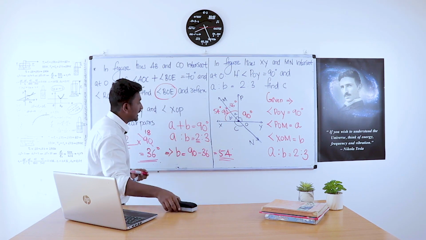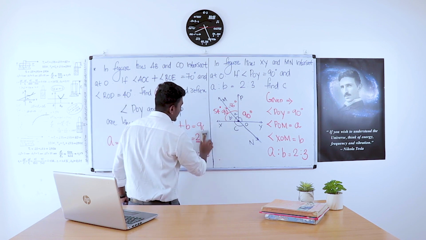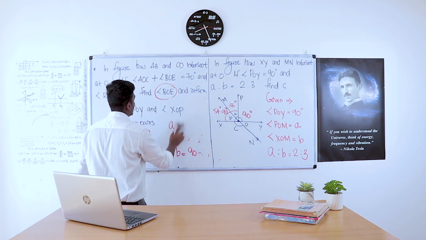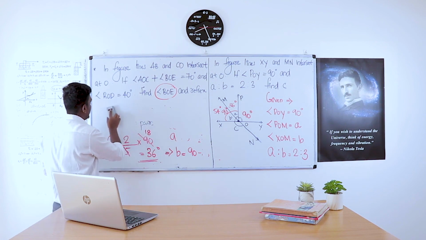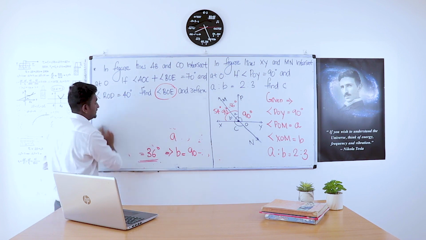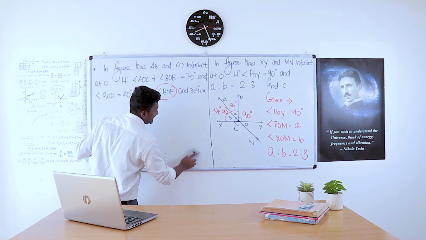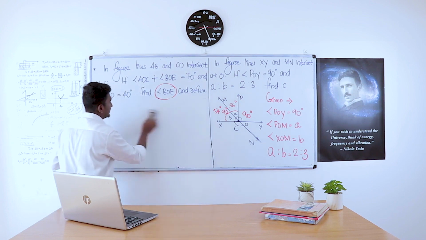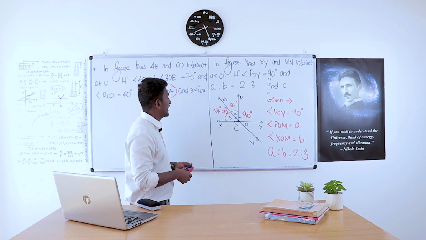Now we get both the values: A is equal to 36 degrees and B is equal to 54 degrees. What is the question? The question is that we have to find the value of C, not A and B. For finding C, we need A and B. That's why we take the value of A and B first.